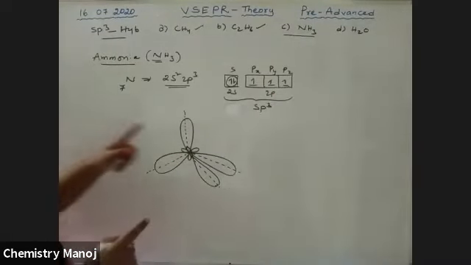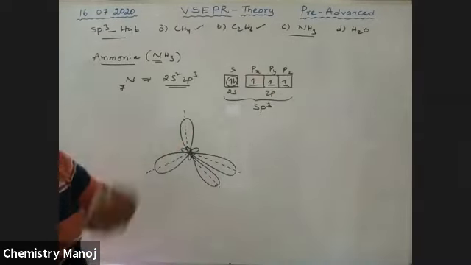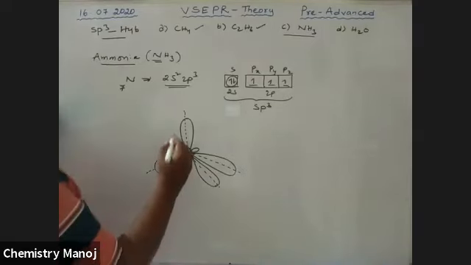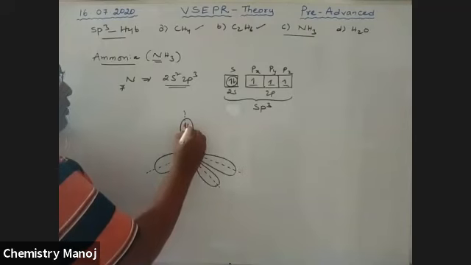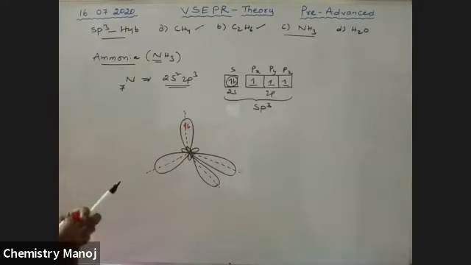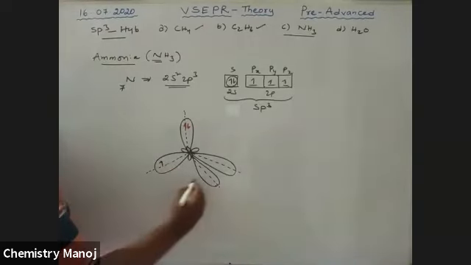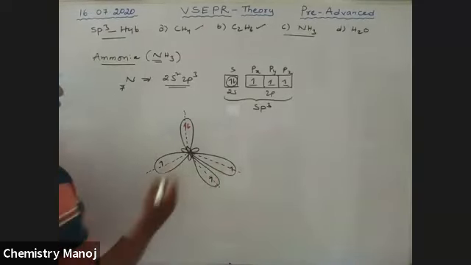That means among these 4 orbitals, one orbital has a pair of electrons, remaining 3 have unpaired electrons. 1, 2, 3, three unpaired electrons.